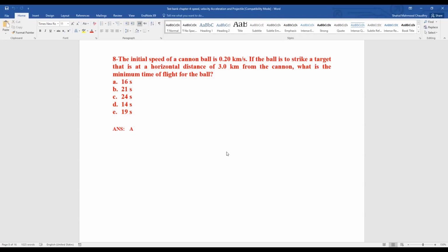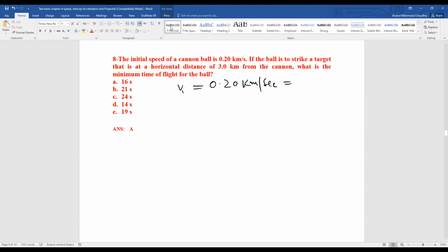In this problem, you can see that the initial speed of a cannonball is 0.2 kilometer per second. This is the initial speed, so initial velocity means this is Vi. This is not Vix. So Vi is 0.20 kilometer per second.